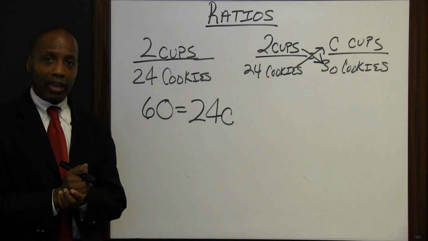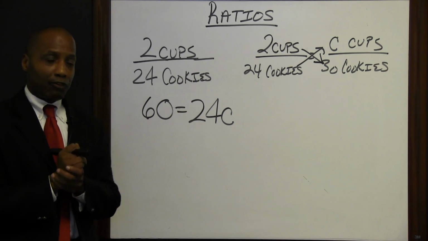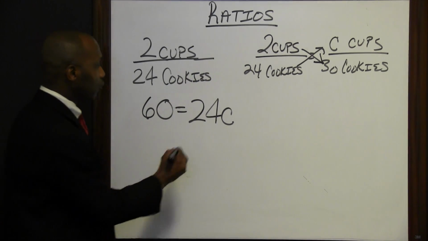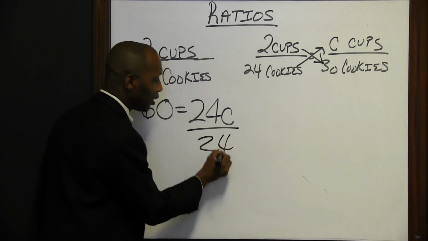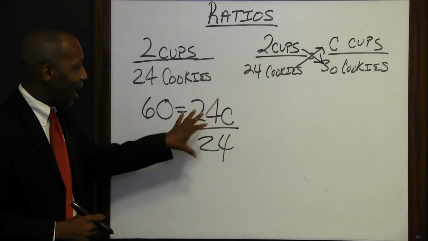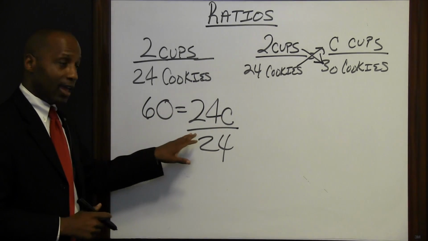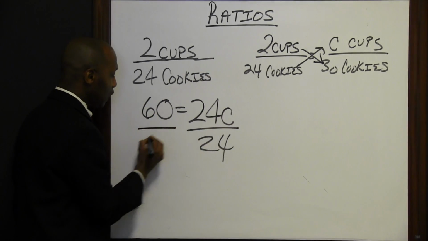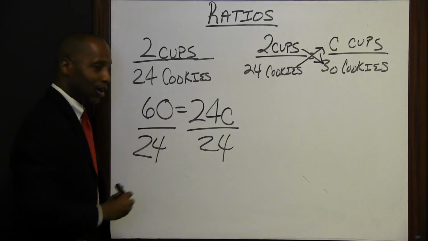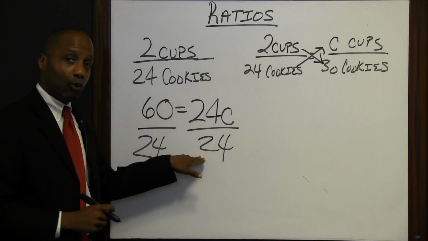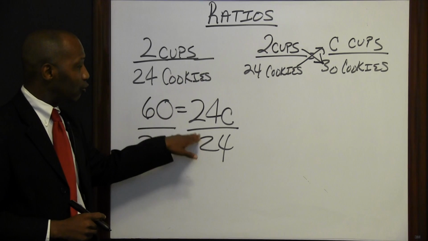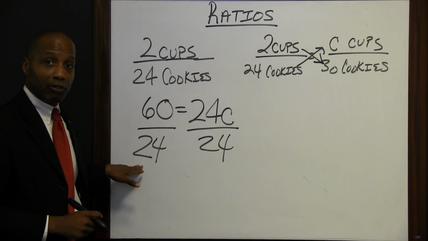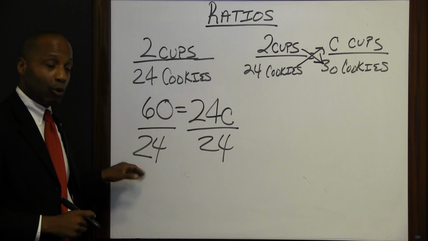We're going to isolate the variable and its coefficient, which is 24, by using the coefficient 24. We're going to isolate 24C. And because we have an equal sign here, anything we do to one side, we have to do exactly the same to the other side. So we divide 24C by the coefficient 24, and we will divide 60 by 24 as well.